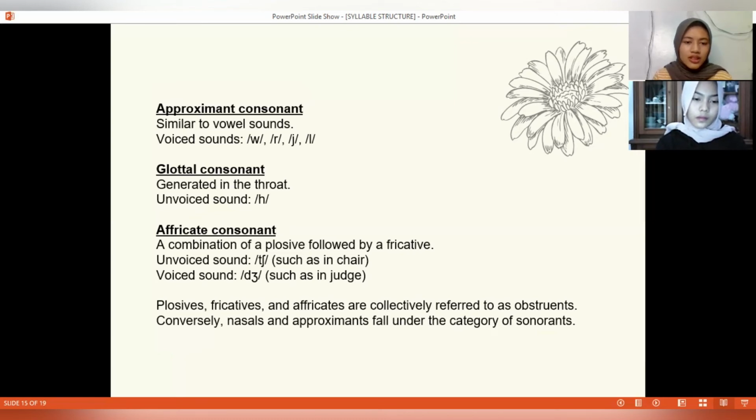Unvoiced sound is the ch in chair, and voiced sound is the j in judge. Plosives, fricatives, and affricates are collectively referred to as obstruents. Conversely, nasals and approximants fall under the category of sonorants.